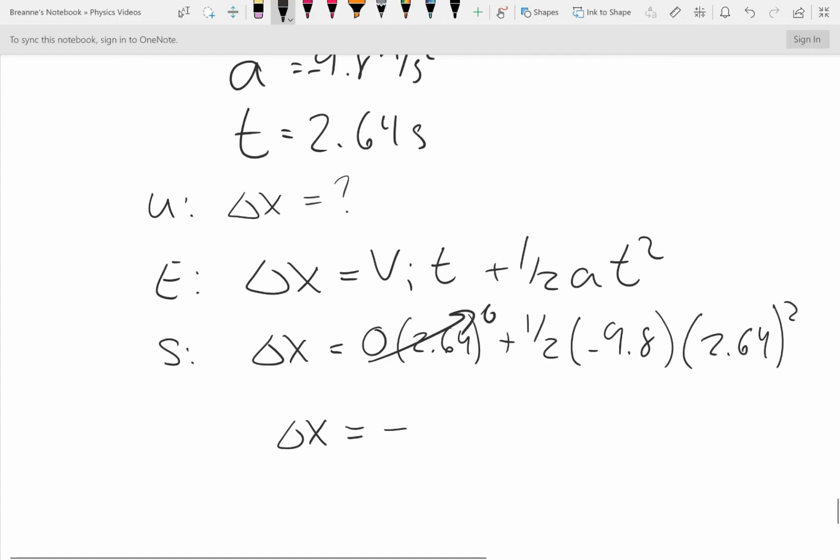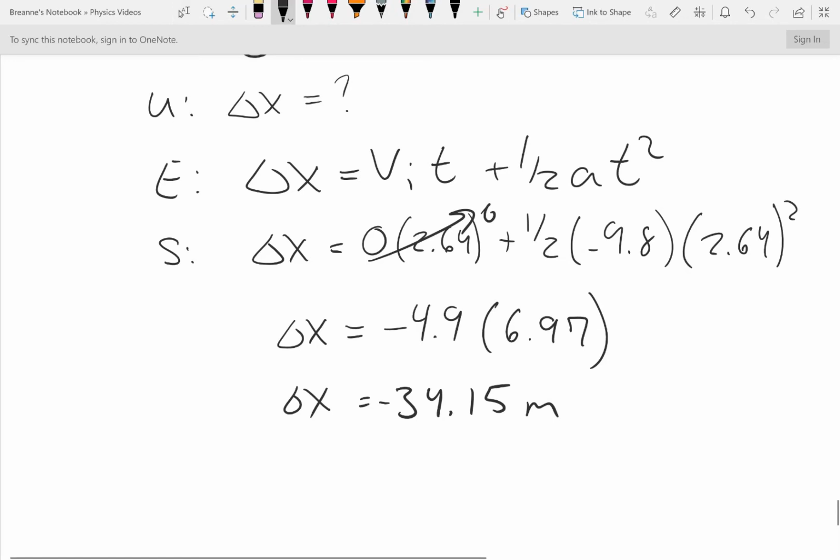Half of 9.8 is 4.9. 2.64 squared equals 6.97. You multiply that, and it gives you negative 34.15. That negative makes sense because it's going down.